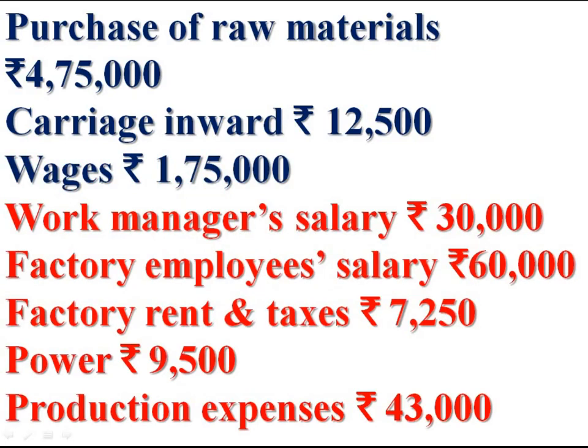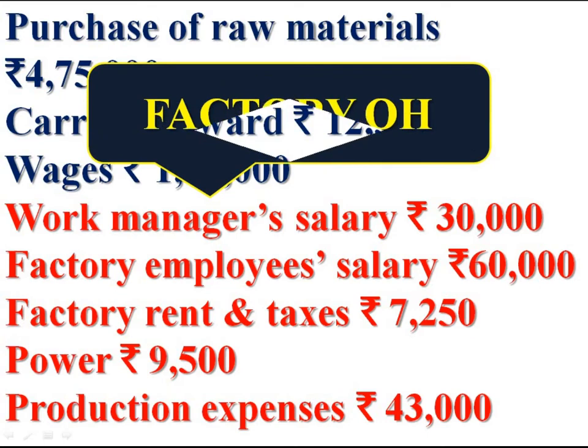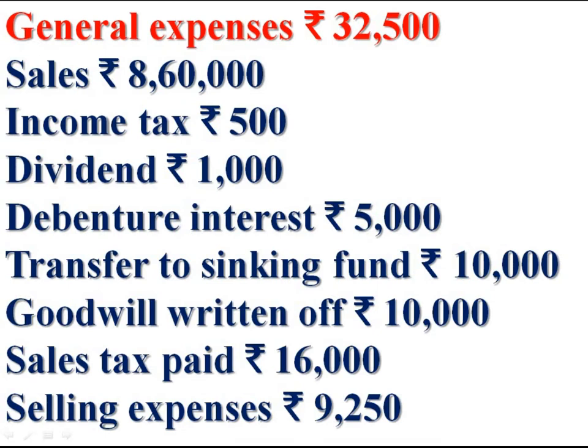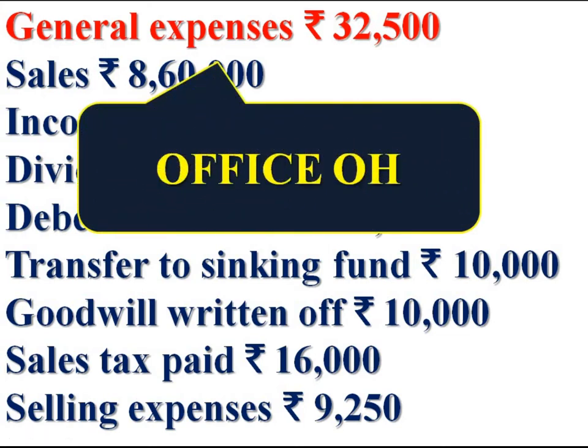Work manager salary, factory employee salary, factory rent and taxes, power, production expenses. These 5 items are factory overhead or production overhead or works overhead. General expenses, otherwise miscellaneous expenses, are office and administrative overhead.